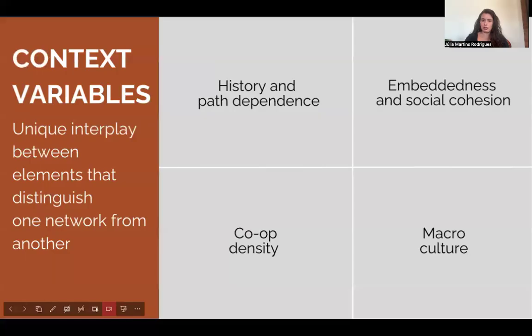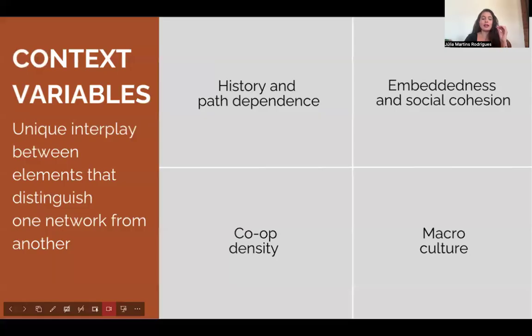Even if a region has all the necessary networking agents and functions to sustain the ecosystem, the dynamic will differ based on specific context variables. Since complex networks respond to setting-dependent factors, the way these elements interact will create a unique network identity.